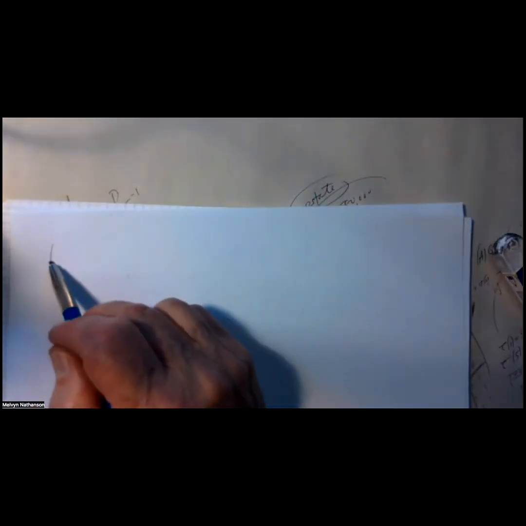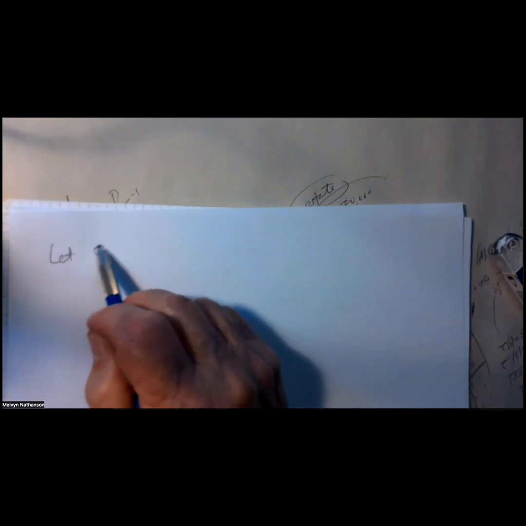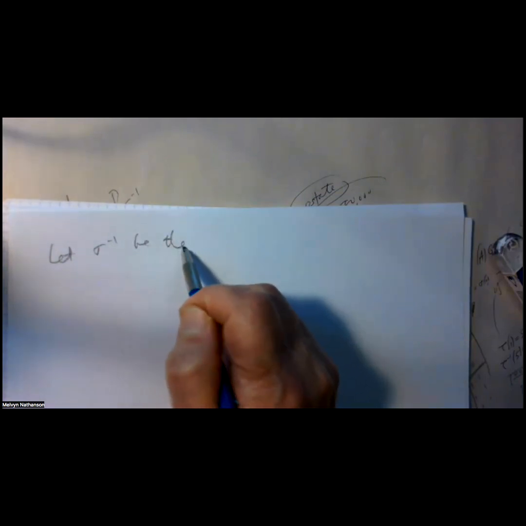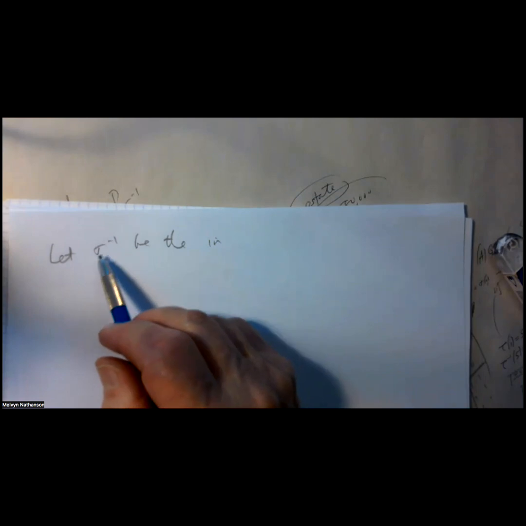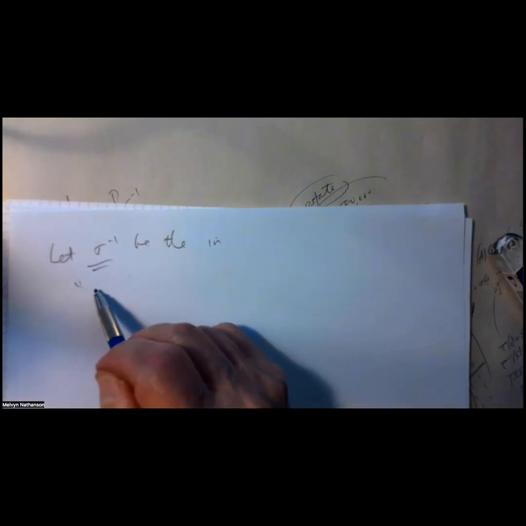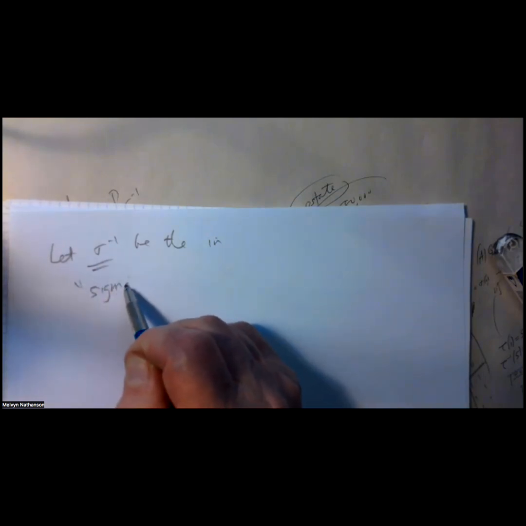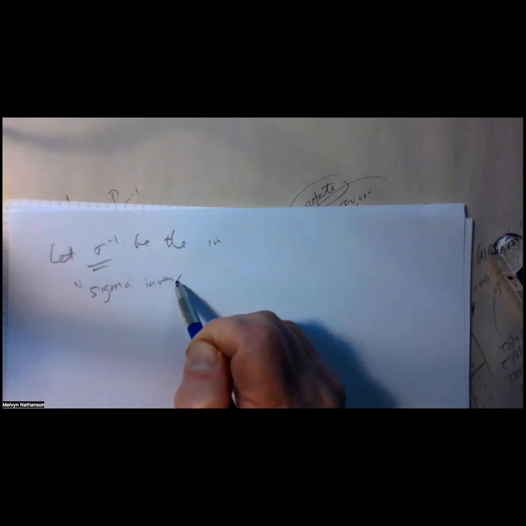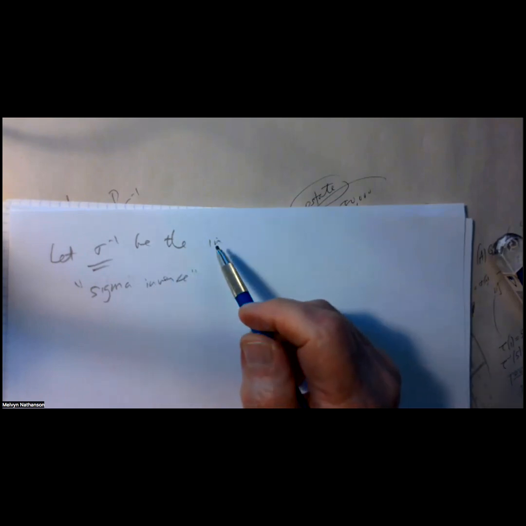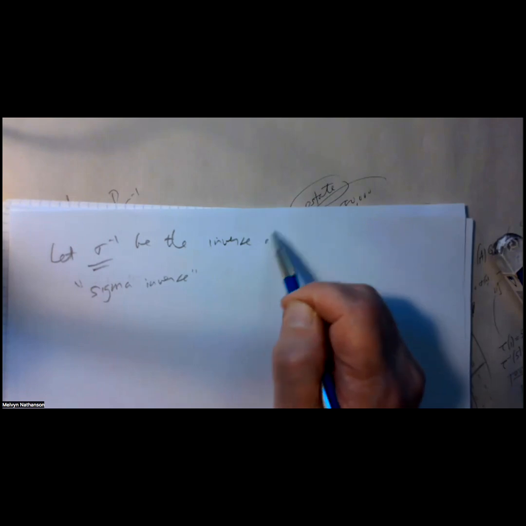So I want to let sigma inverse be, that's how you read this, sigma inverse. This is going to reverse the action of your permutation.